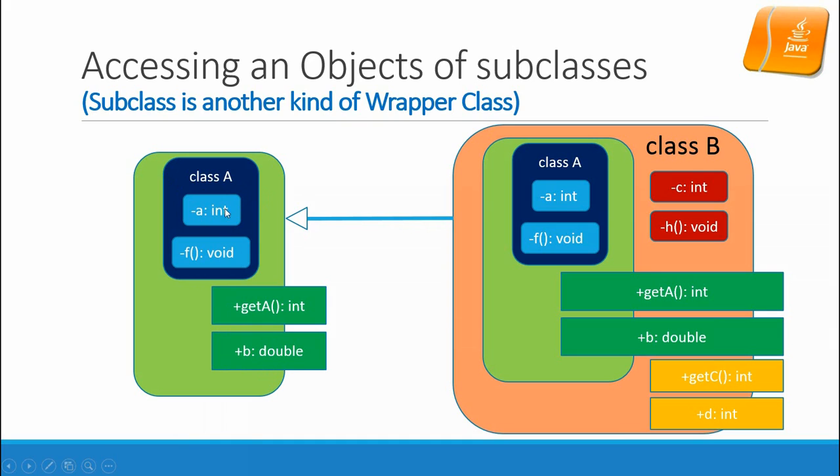In this case, the object of this class cannot directly access the a variable, but a can be accessed by getA as a public method, and the b variable can be accessed by the outside world directly.